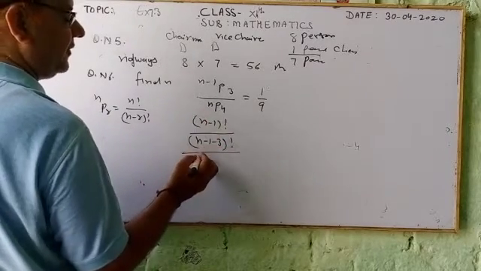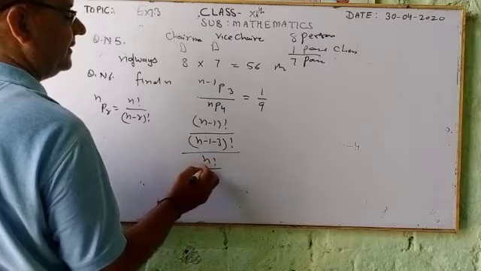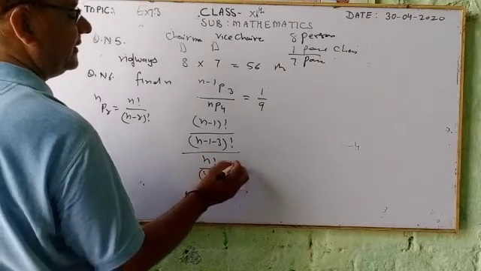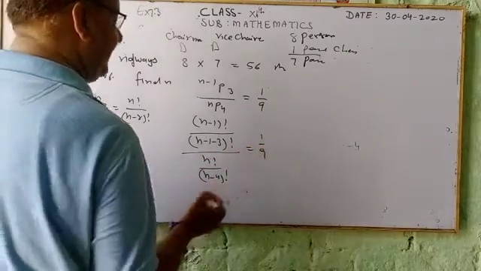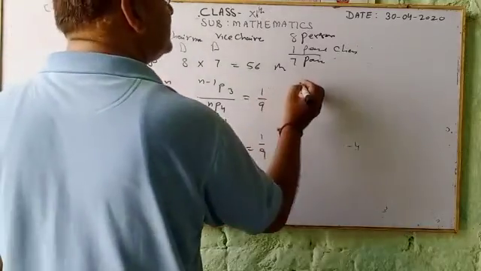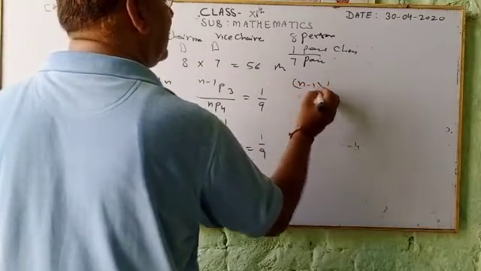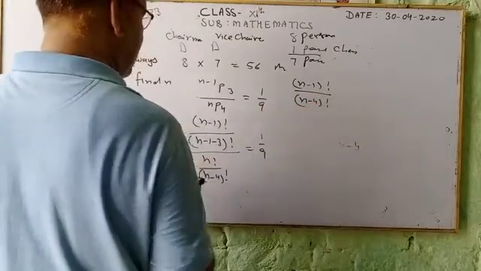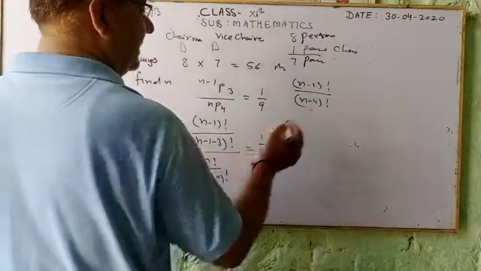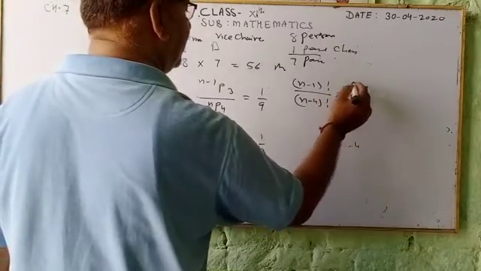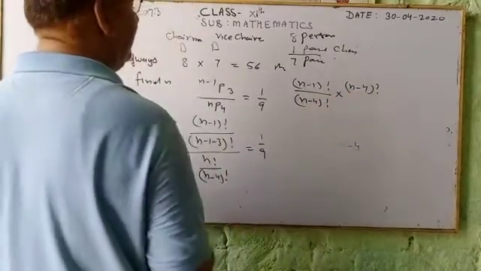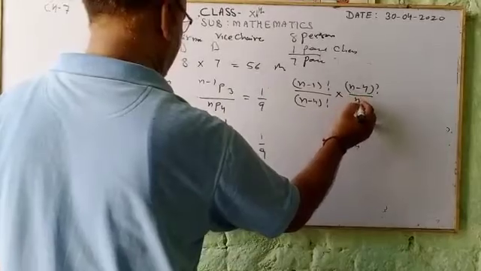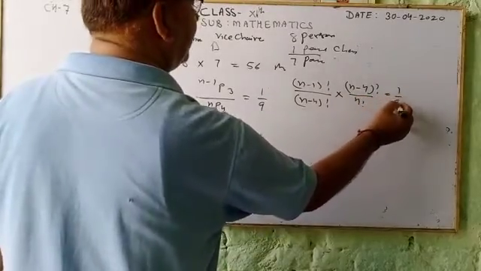And nP4 is n factorial upon (n minus 4) factorial, and this is the same as 1 upon 9. We write (n minus 1) factorial upon (n minus 1 minus 3) factorial, times (n minus 4) factorial upon n factorial, equal to 1 upon 9.